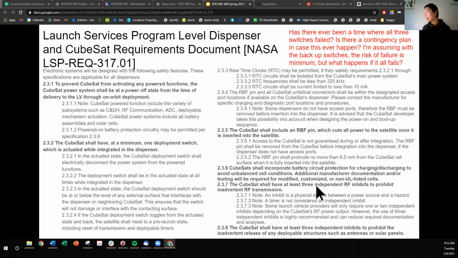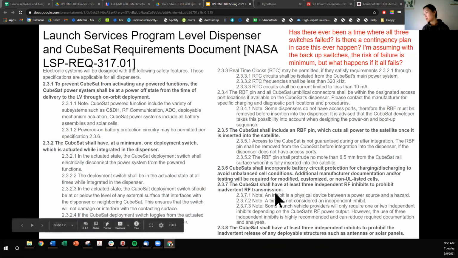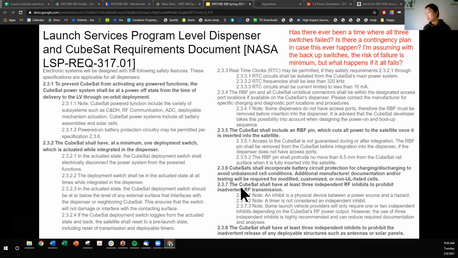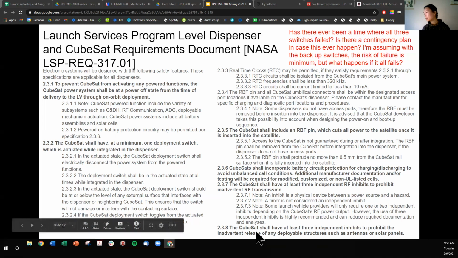The CubeSat shall have at least 3 independent RF inhibits to prohibit inadvertent RF transmission. RF is radio frequency. And then the CubeSat shall have at least 3 independent inhibits to prohibit the inadvertent release of any deployable structures, such as antennas or solar panels.